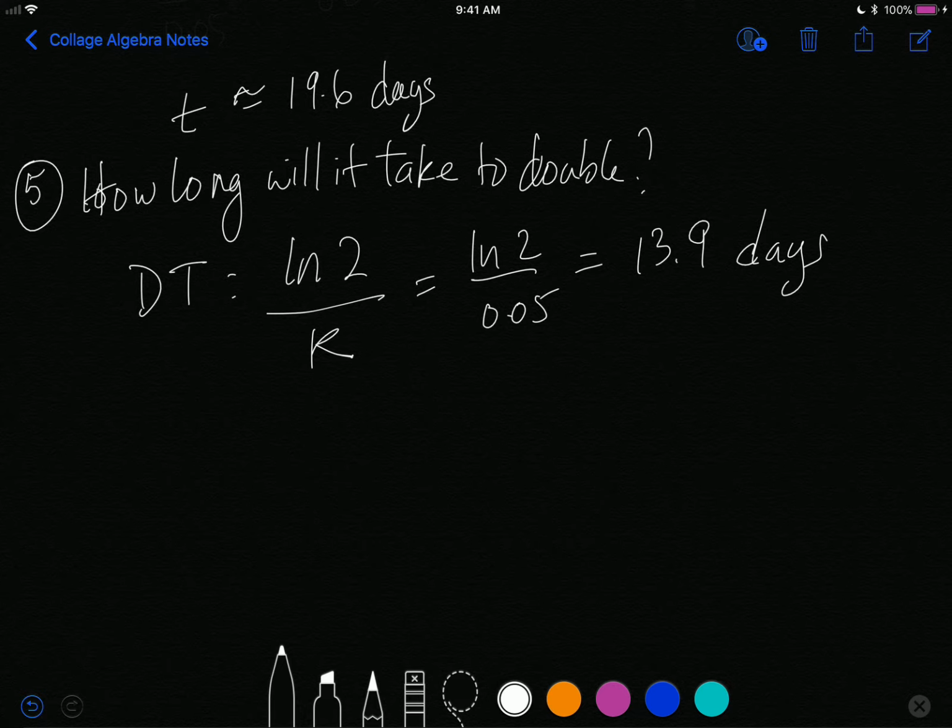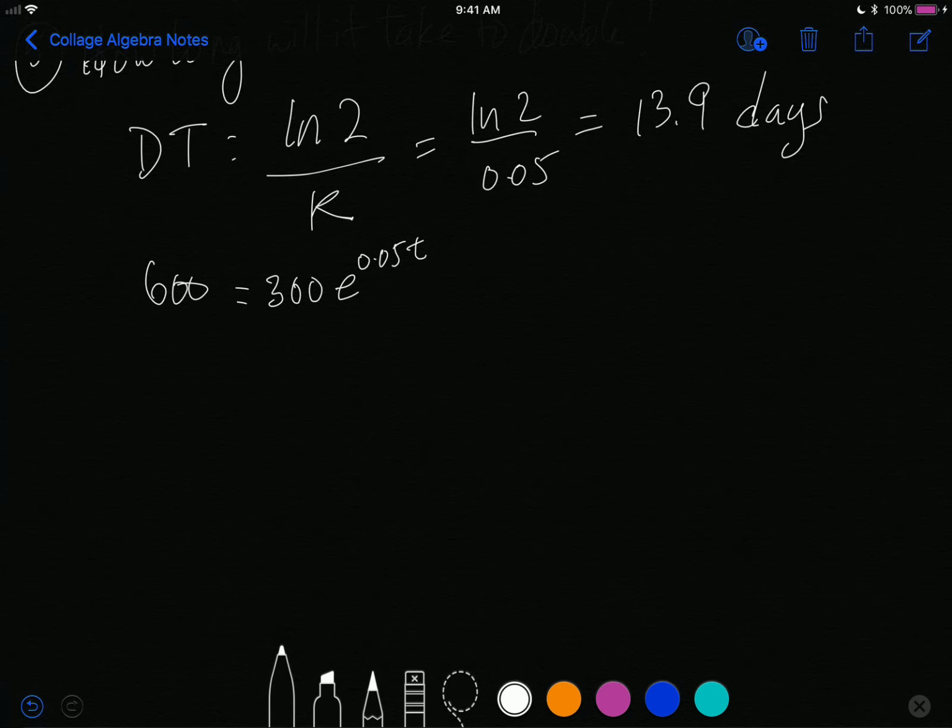Since I'm trying to double the number of flies, if my initial amount is 300, then I will have 600 at the end because I'm trying to double my 300. So I divide by 300. Well, 600 divided by 300 is 2.